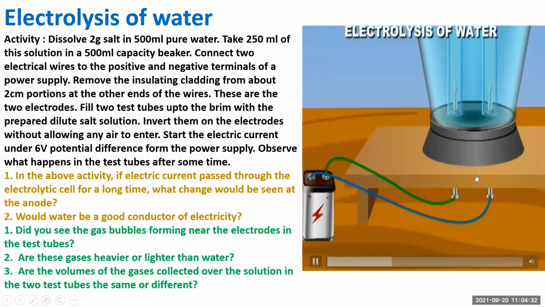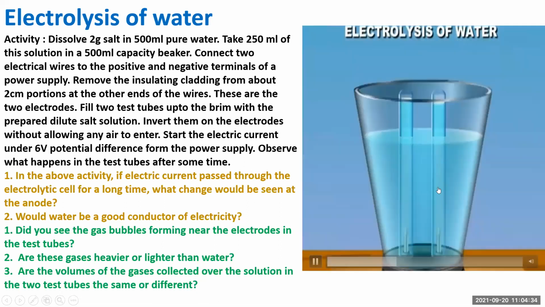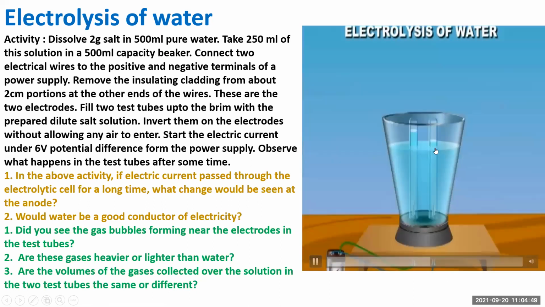These are two electrodes. These are two test tubes. Now as the circuit completes, current flows through it. Now see what happens. The level of water decreases in the test tube.